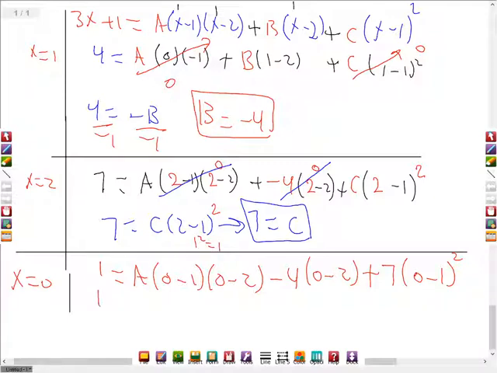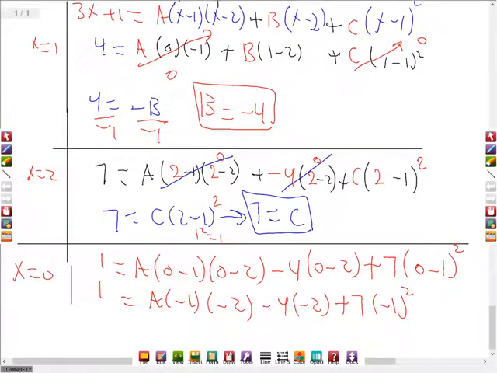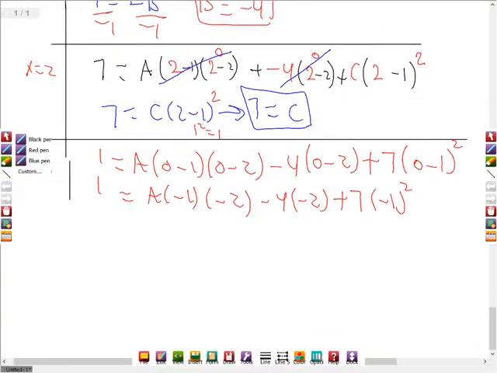Then 1 equals, look, A, negative 1, negative 2, negative 4. I'm going to do it negative 2, 2 steps. 7 times negative 1 square. No problem. One more step. Make it simple and easy. 1 equals A. This guy, negative 1 and negative 2 is 2. Plus 8 plus 7.